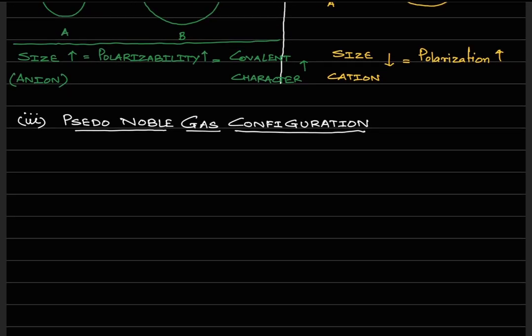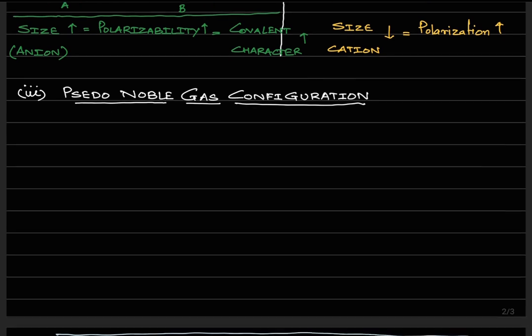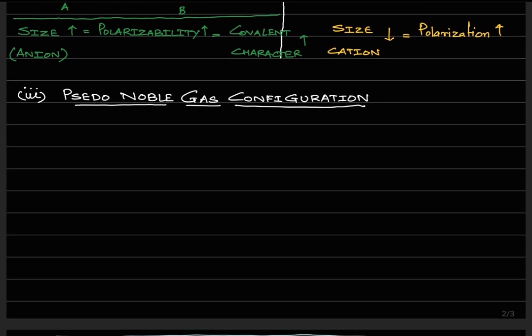Okay, let's move to the last and final factor which affects Fajans' rule, or covalent character, and this is pseudo noble gas configuration.